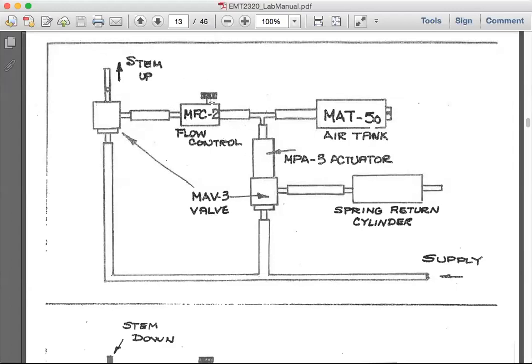There is also a flow control valve, and note that if the knob of this flow control is on the right side, it means the arrow points to the left. So the pressure is being controlled from the right to the left only. The pressure from the left to the right has a free flow, so it's not being controlled by the flow control.